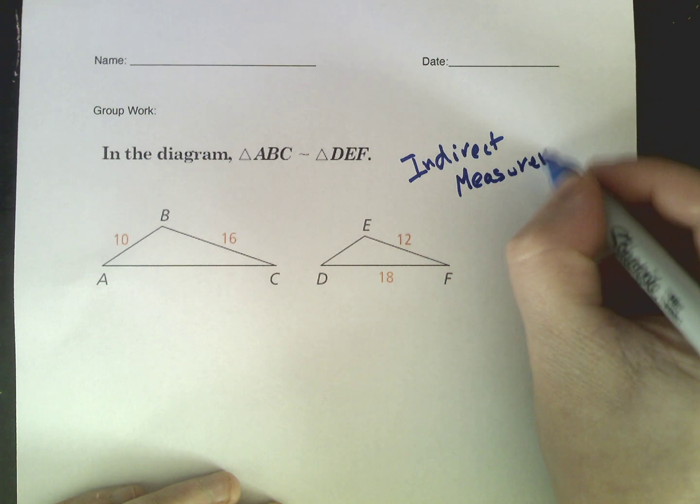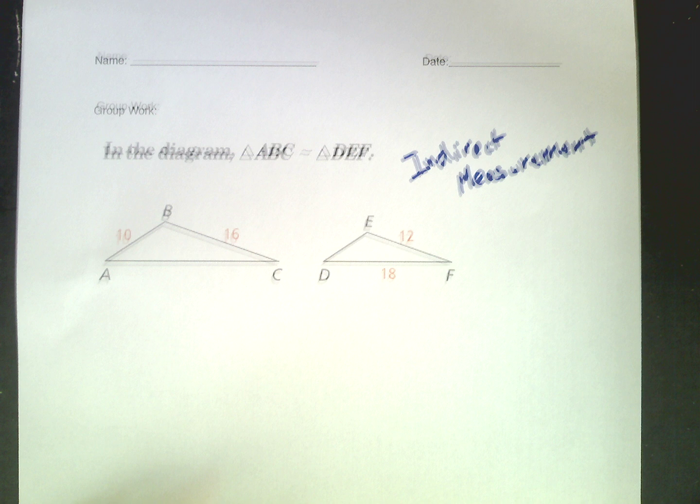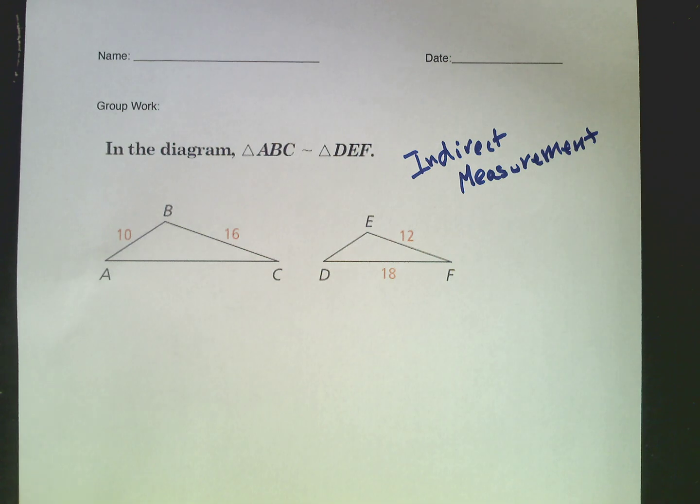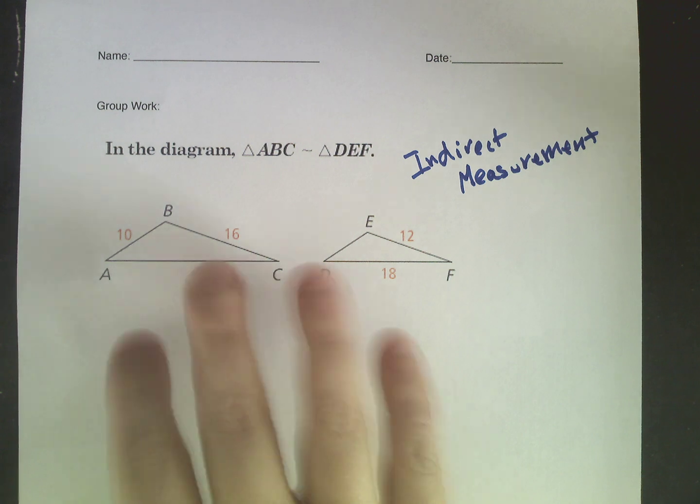And in that case, what it means is that we are looking at stuff that we may not necessarily be able to measure directly. Things that are too big or too far away that we can't physically put our hands on and measure.